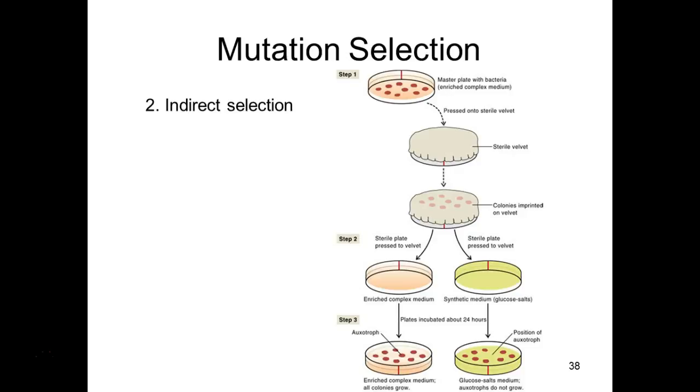So they do this, except instead of felt, they have this special square thing that has all these pegs, and what you do is you stamp it on, you actually use 96 well plates, liquid culture. So each little one is a different test.